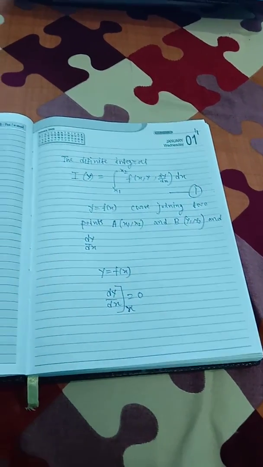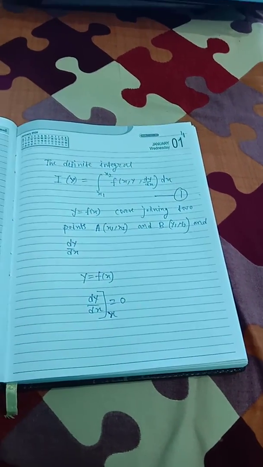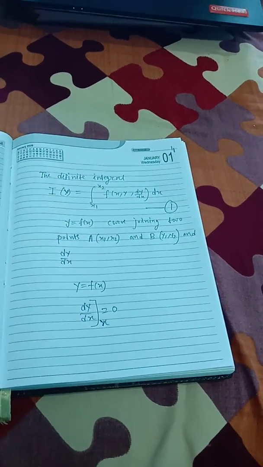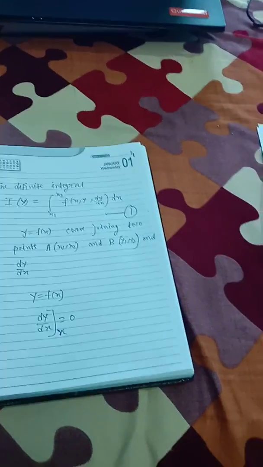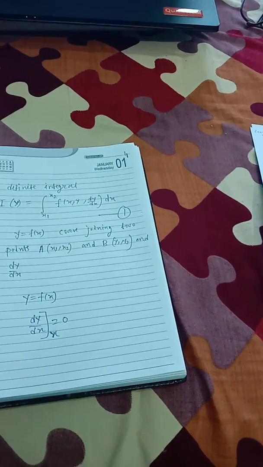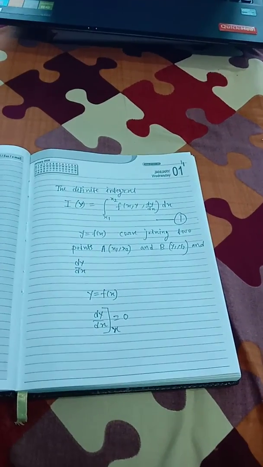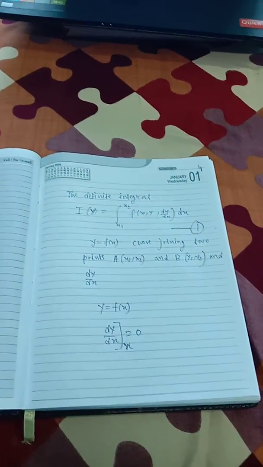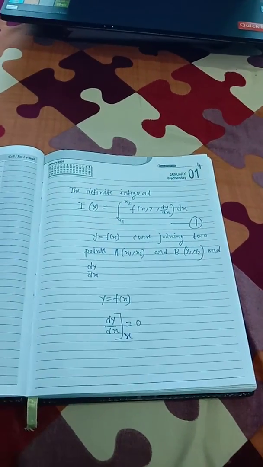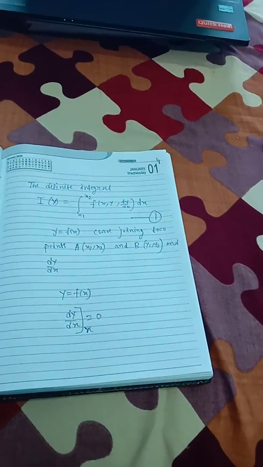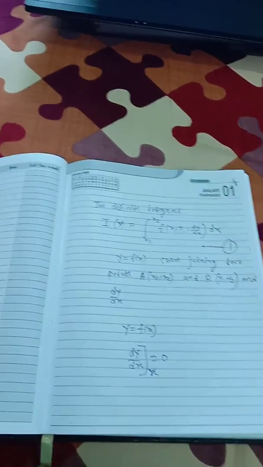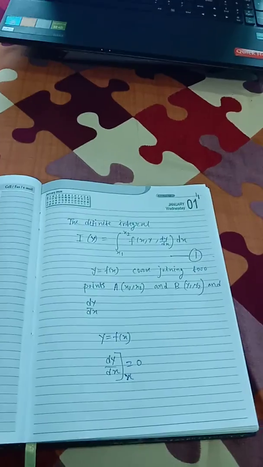We now like to show that the determination of stationary values of the integral I may be reduced to the above problem of calculus. The fundamental result is due to Euler. Mathematician Euler first found the condition so that the integral I attains maximum or minimum value.